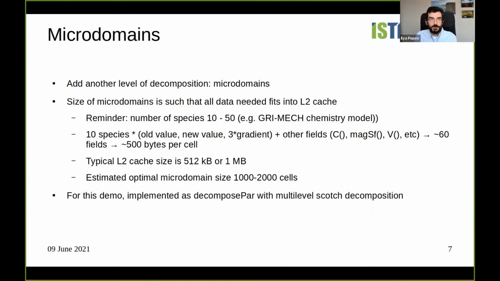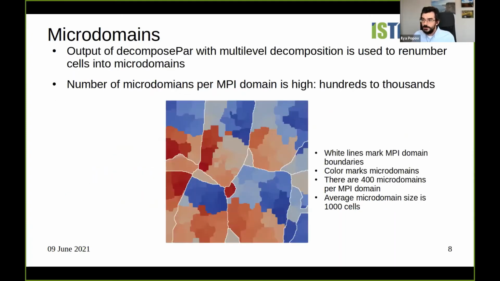In this demo, we use the decomposePar utility with multi-level Scotch decomposition. So the first level will be decomposing into MPI nodes, and then the second level will be decomposing into microdomains. So this is how that can look.